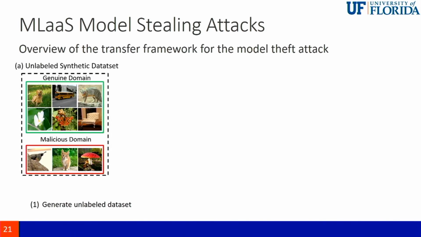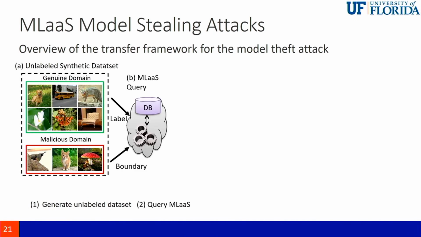Remember that we are targeting the machine learning model on the cloud as a fully black box. We don't even know what kind of labels they would provide us. So the genuine domain data is mainly used to query the machine learning model service to extract what kind of labels they will provide. And the malicious domain data set will be used to extract the boundary.